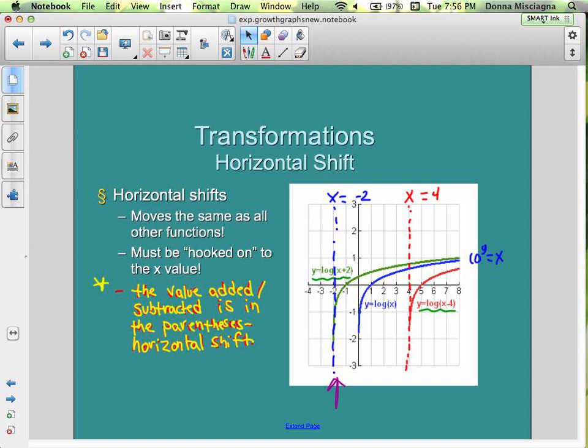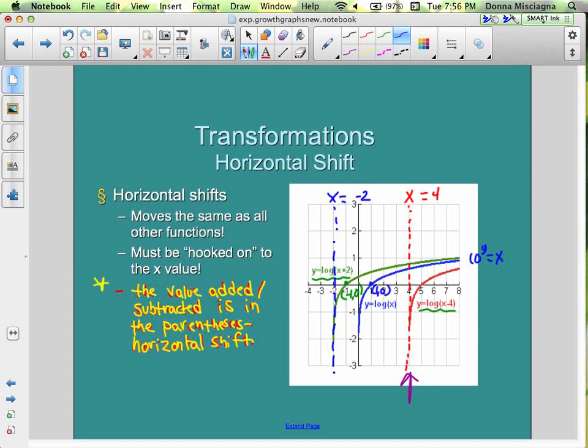This takes a smaller value if you go and add something positive to x. And if it's a minus, then it's going to move it to the right because it's going to take a larger value. So y equals log base x minus 4. So y equals log x plus 2, all in parentheses, goes through the point negative 1, 0. y equals log x goes through the point 1, 0.